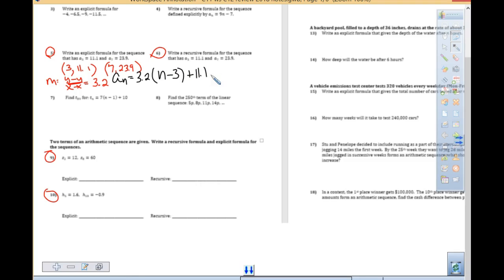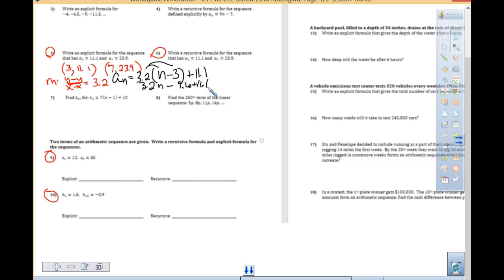When you look at this in point slope form, what they usually want in our sequences is not n minus 3, but n minus 1, right? So I might use my distributive property and multiply this out: that's 3.2n minus 9.6 plus 11.1.